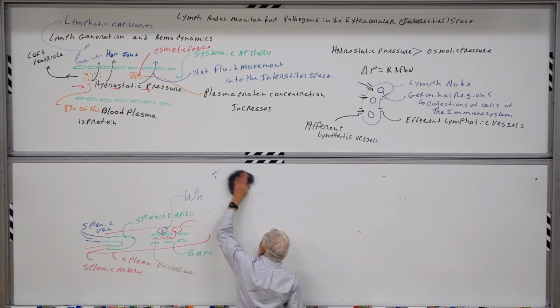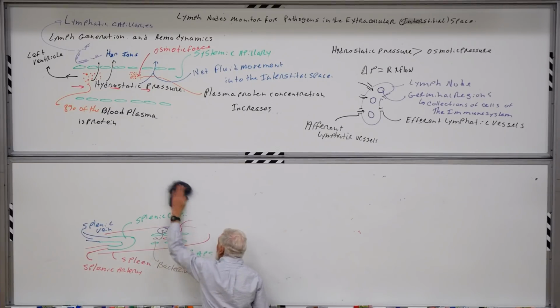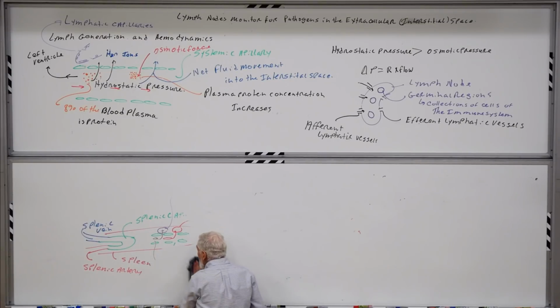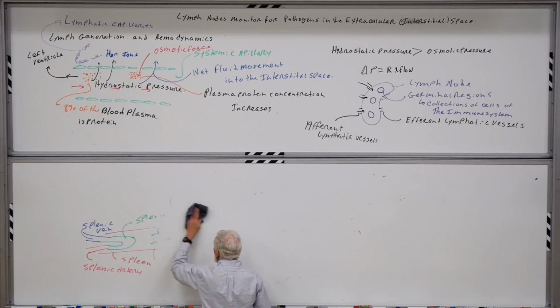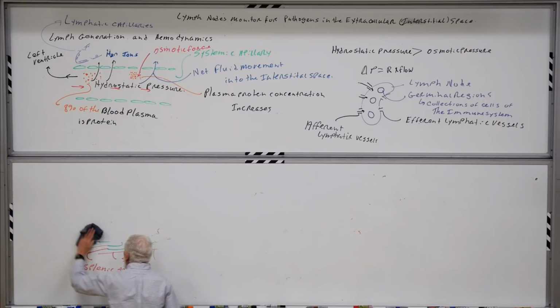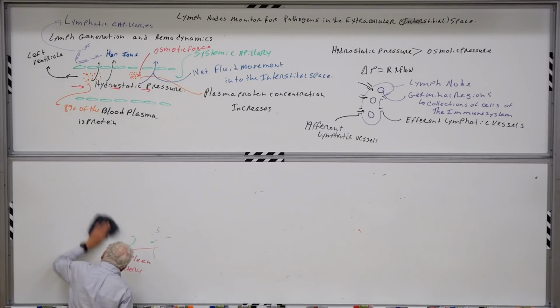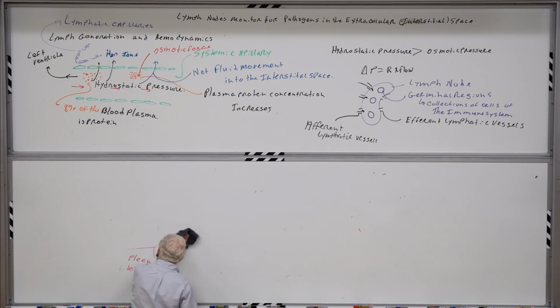The function of these tonsils and Peyer's patches, these epithelial associated immune sites, is to monitor for pathogens that are coming into our bodies from the outside world.